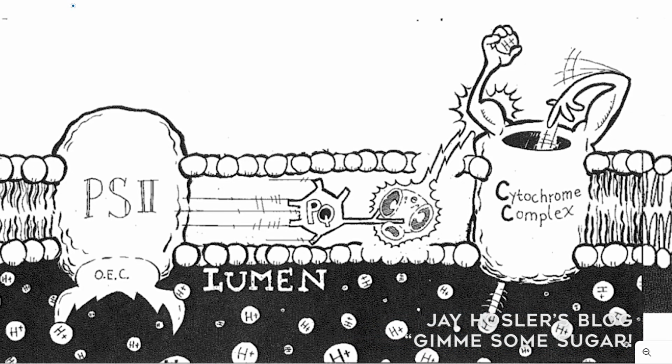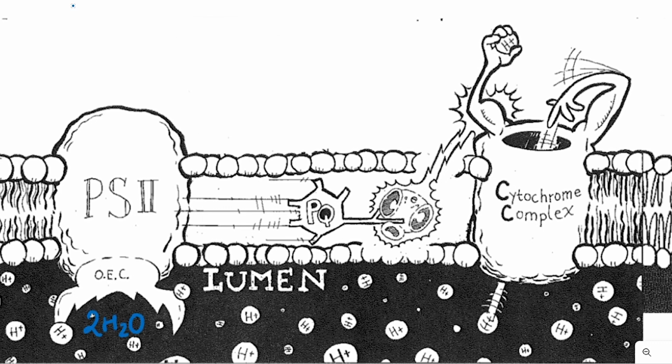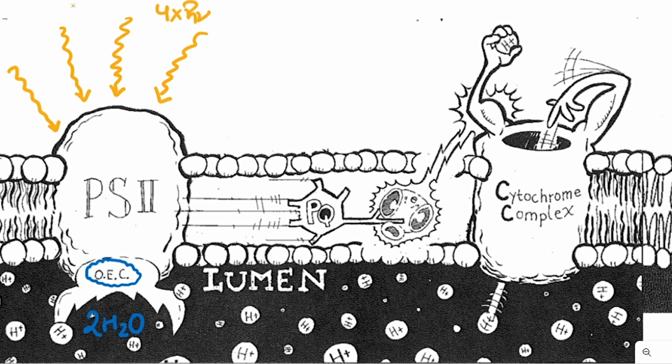Now the electrons that are taken in by the plastoquinone, their number is 4 because of the splitting of 2 water molecules by 4 photons. Now these 4 electrons are taken up by the plastoquinone, and plastoquinone will provide these electrons to the next complex with a higher reduction potential among the quantasomes.